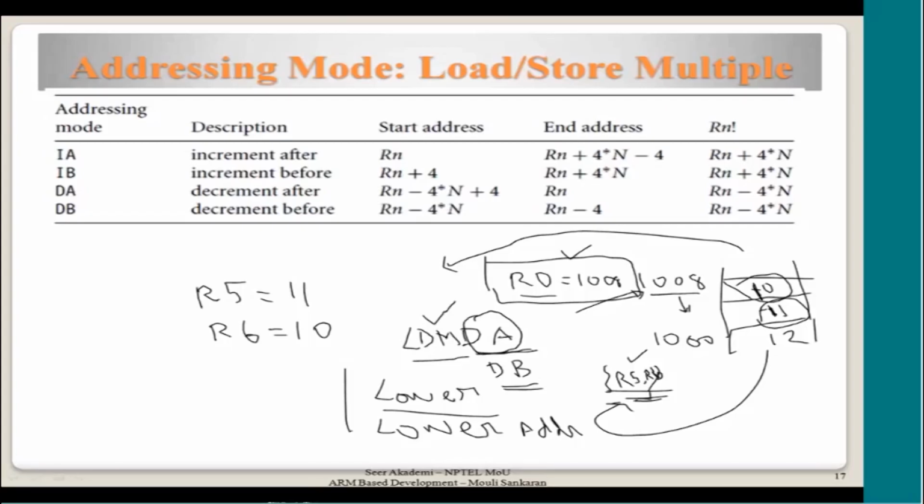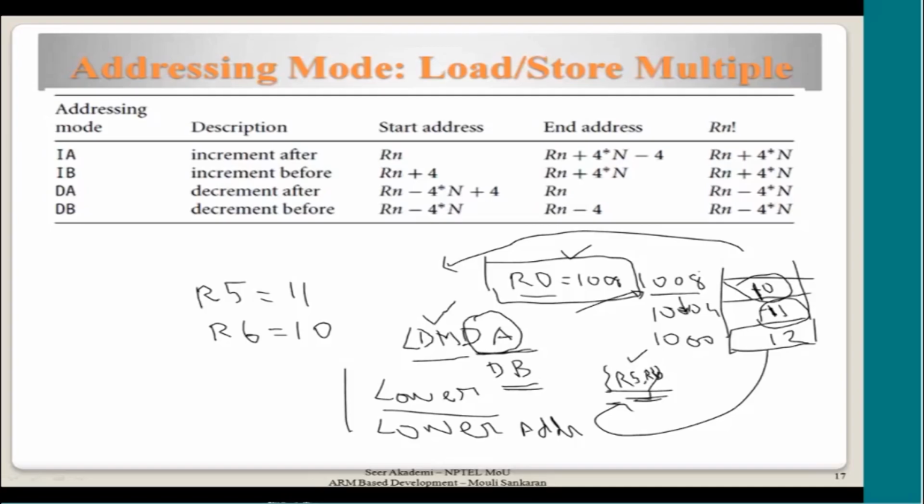Think it over. Tell me. So decrement before. The execution is going to start, but I am saying decrement before. Where am I now? So it will be decremented to 1004. So this is 8. This is 4. This is 1000.